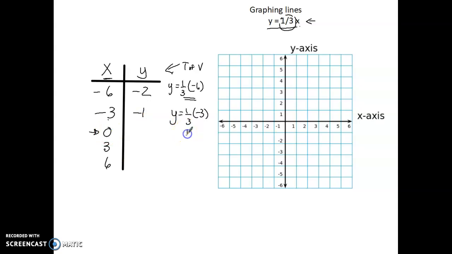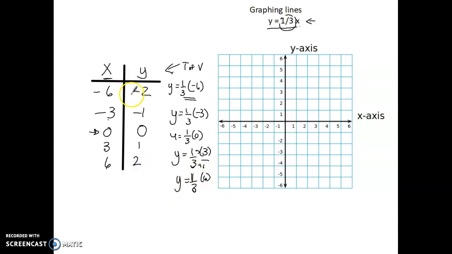When x is 0, I am substituting in 0 for x to find out what y equals. Y is 0. When x is 3, I'm going to take 1/3 of 3. Remember your fraction rules, right? You're going across, 3 over 3. That means that y was 1. These are the points I'm going to graph. So finally, if x is 6, I'm taking 1/3 of 6. Well, 1/3 of 6 is 2.